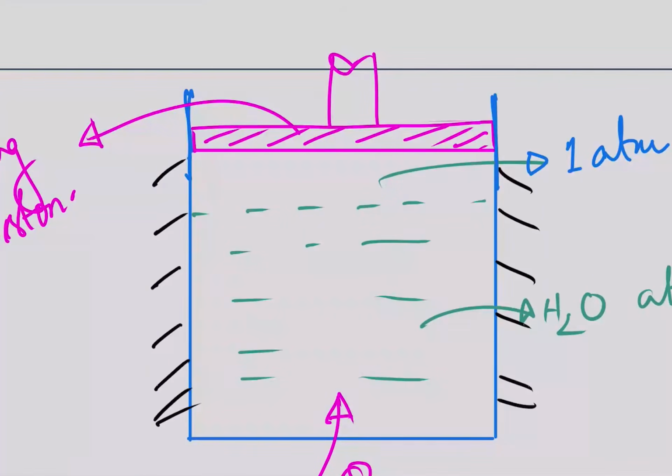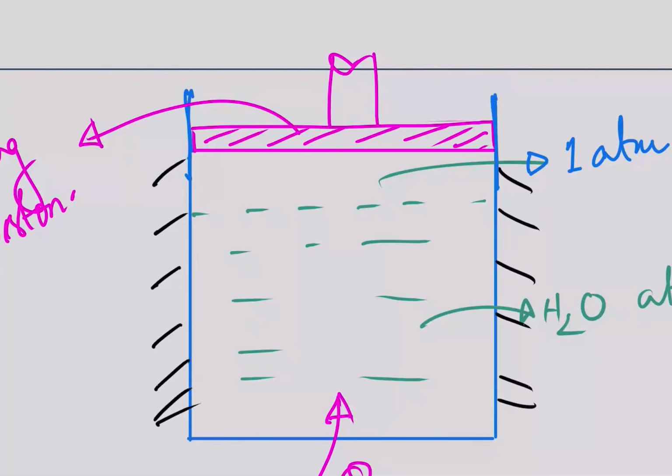Will the pressure inside be 1 atmospheric as it was before? Initially, at time t equal to 0, the same 1 atmospheric pressure was there.